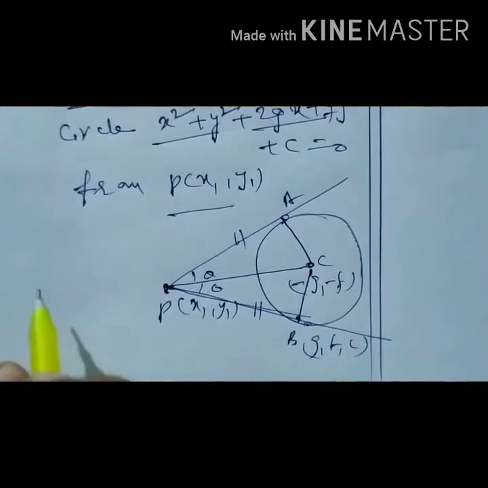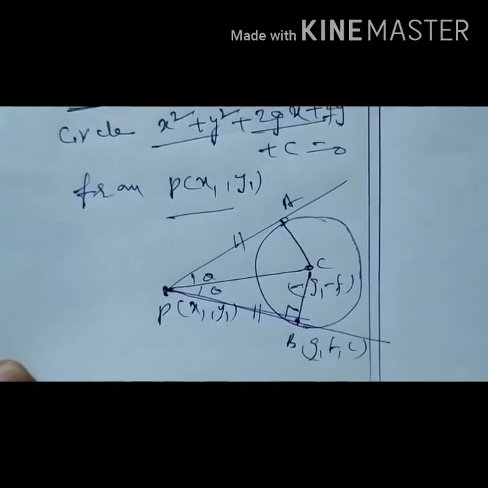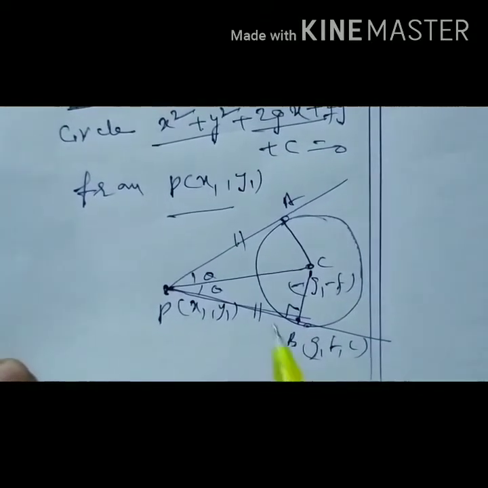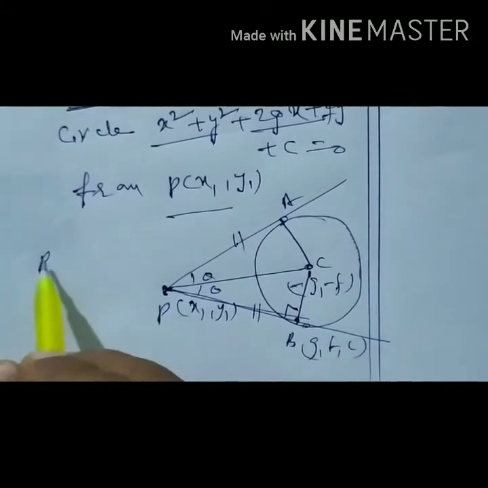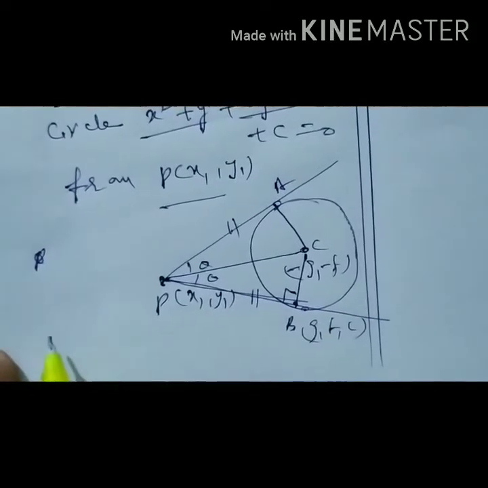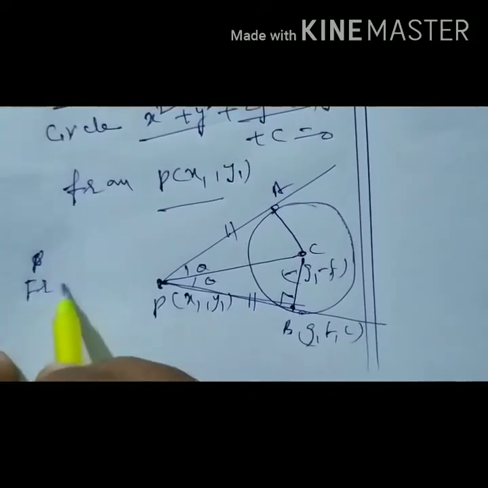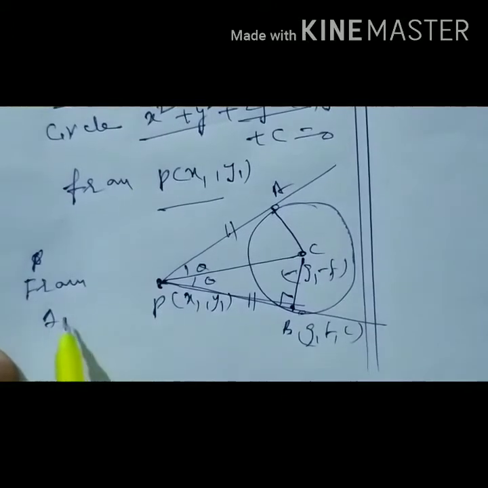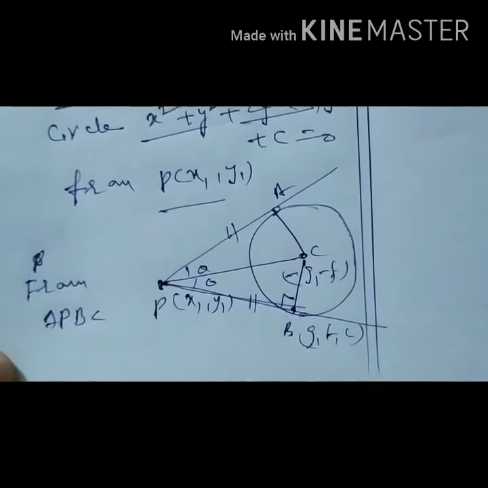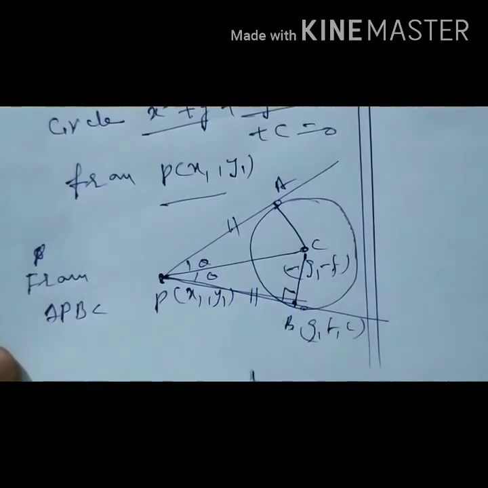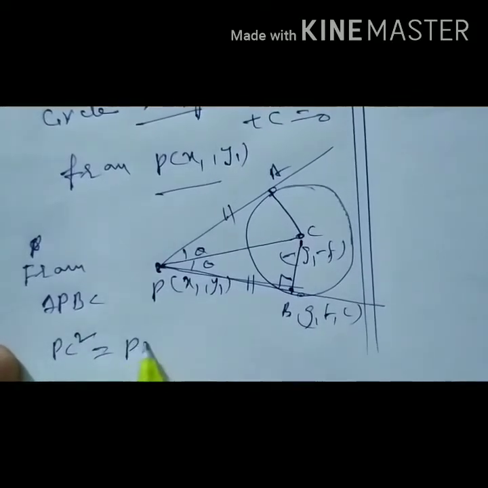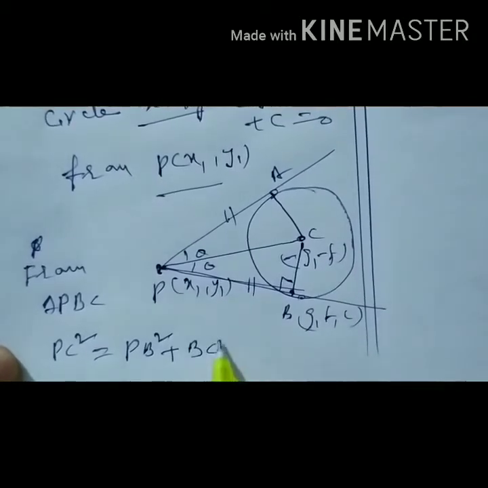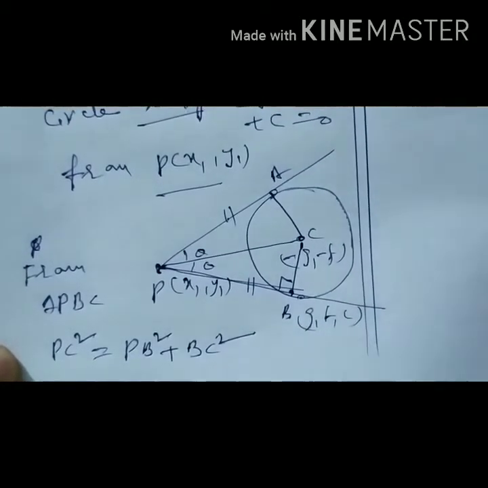So the length of the tangent PB can be calculated using Pythagoras theorem from triangle PBC, or you can take PAC also. From triangle PBC, PC square is equal to PB square plus BC square. This is the Pythagoras theorem result.